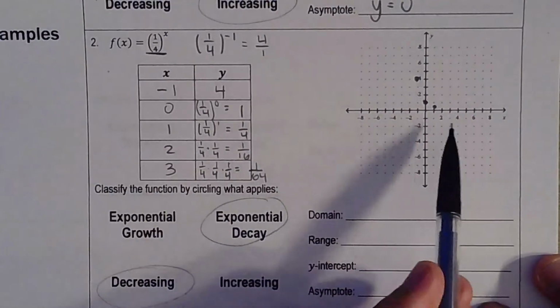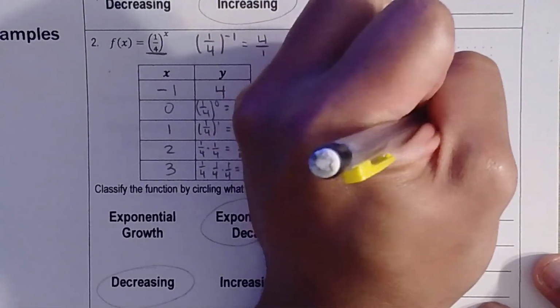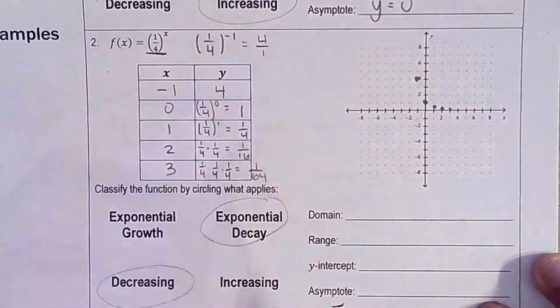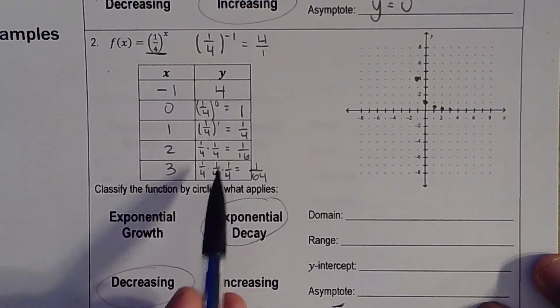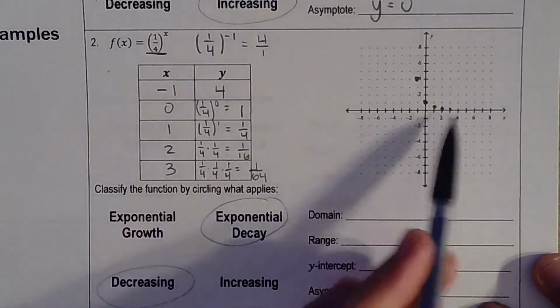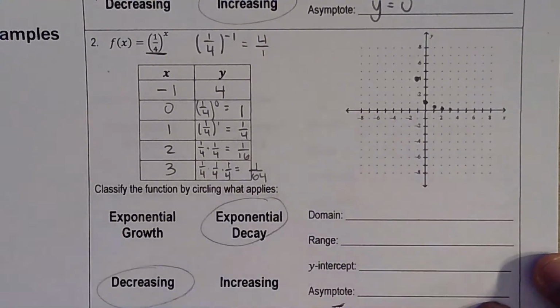And then honestly, it's hard to graph these points because our points aren't that small. The difference between 1/16 and 1/64th is hard to see on the graph because our scale isn't that small, right? Because we go by ones.